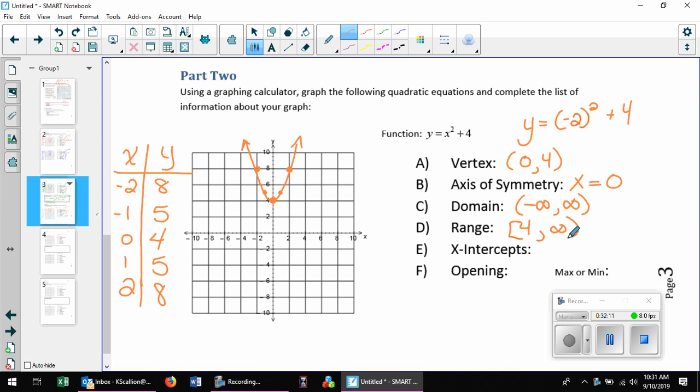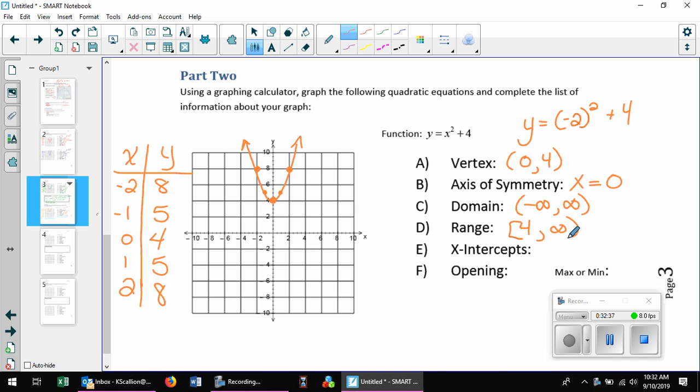X-intercepts. Where does it cross the x-axis? Whoever is saying it doesn't is completely correct. We're looking at our x-axis here, and that graph doesn't touch it at all. The graph's going to keep going up and up and up.